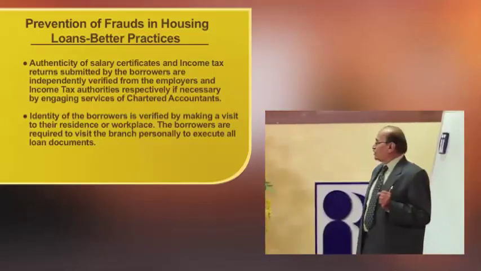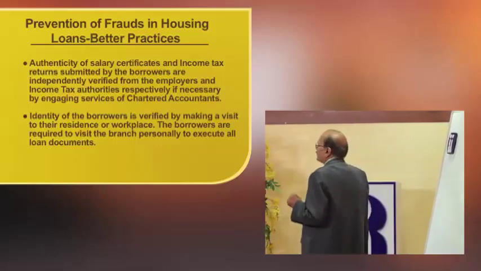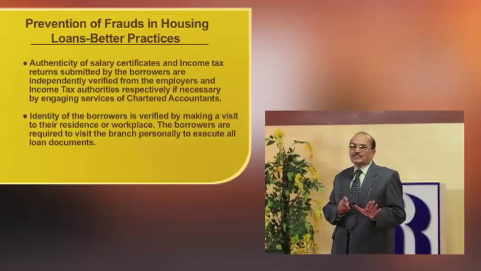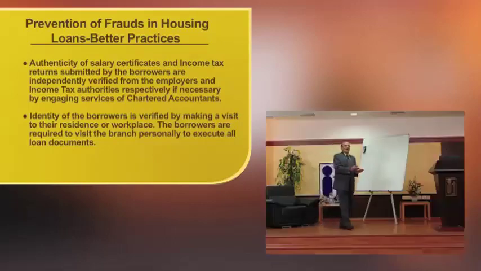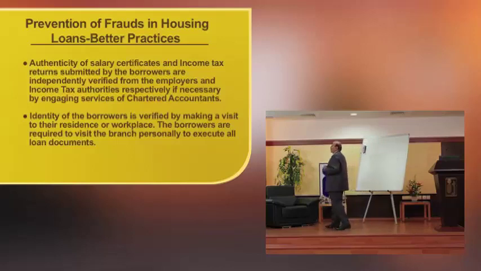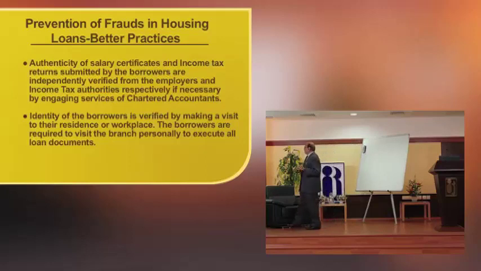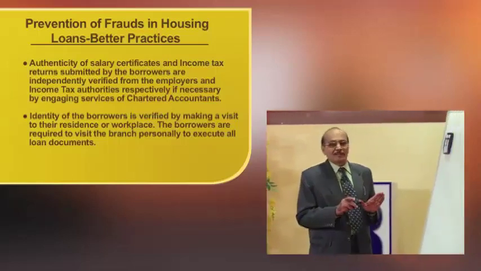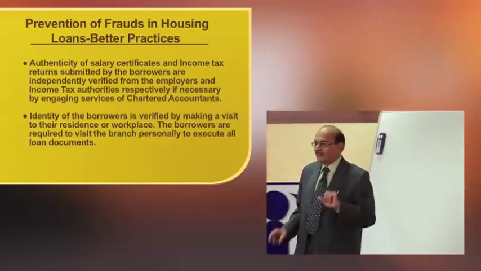The next point to be taken into account is to verify that the property which is going to be purchased is being built, or if it is a second sale, the person who is selling is available there. So due diligence by inspection will help you to understand that the property which is being purchased is really available.